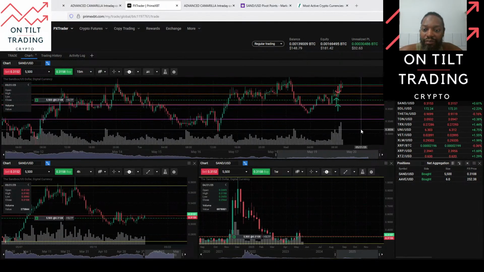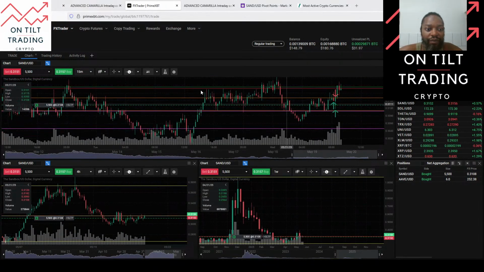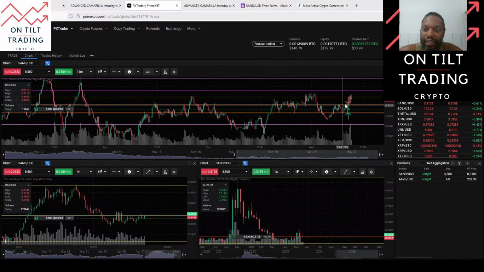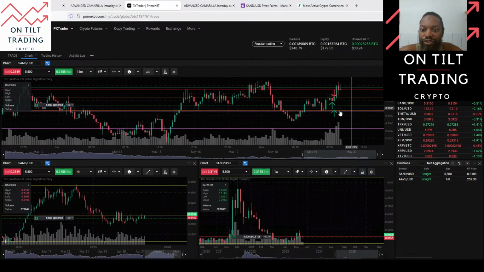So Sandbox, similar setup. I have my Fibonacci set up right here, but I won't set it up at this moment. But similar trade idea and situation, but this trade was much closer to target, and price action has been behaving much stronger.